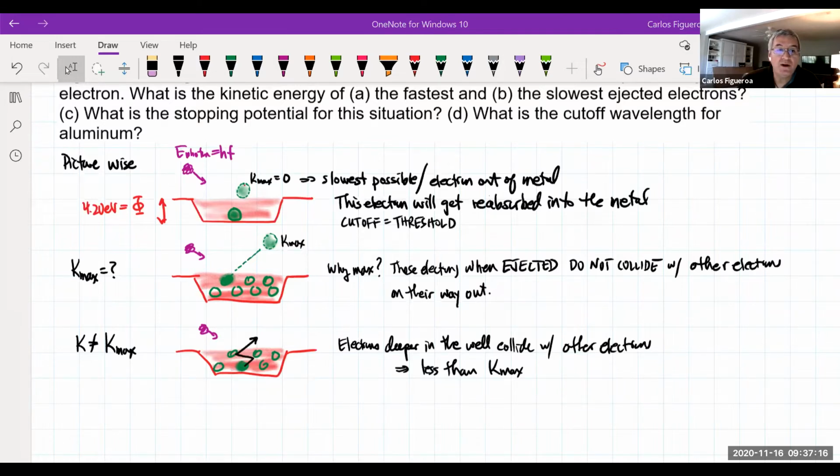So now what we want to do here, oh shoot, hold on a second. I ended up closing that applet, which I need for one of the things that I want to show you, so I have to go back and open that. So here I go. Now, what do I mean by Kmax, the maximum kinetic energy?